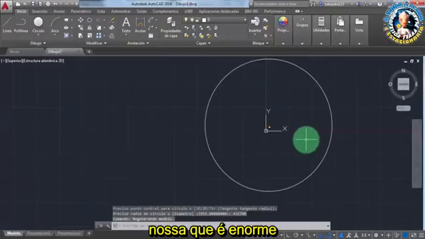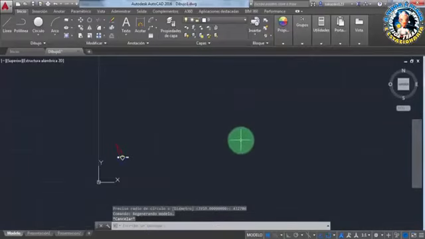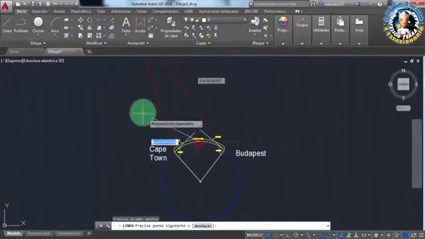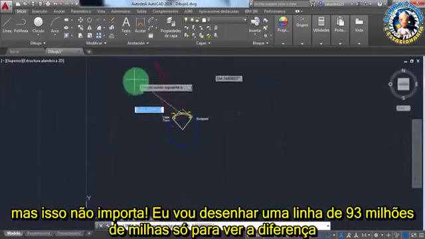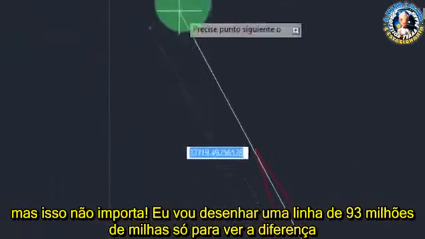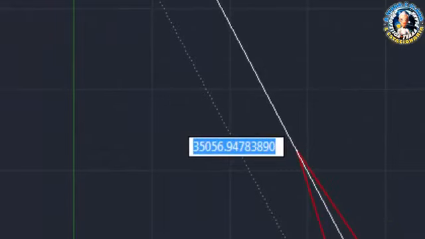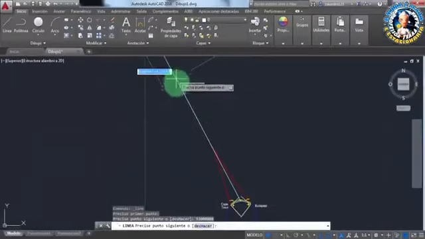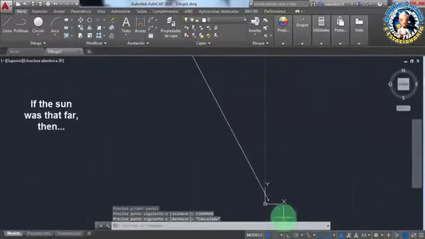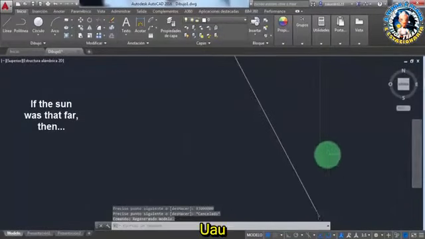Wow, that is huge. But it doesn't matter. I'm gonna draw a 93 million miles line just to see the difference. Wow.